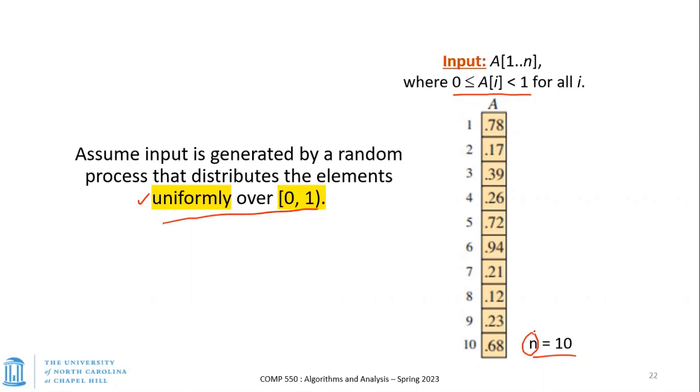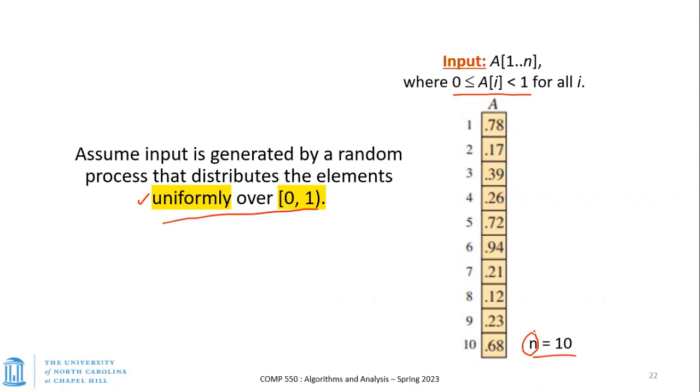However, that's not what bucket sort is going to do. Instead of using a fixed number of buckets, bucket sort is going to use the number of buckets equal to n. So if you had 100 numbers, you're going to have 100 buckets. It seems a little wasteful in terms of space, because we're going to use some auxiliary space.